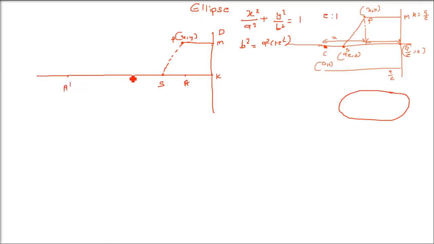So this was A dash. Then we took the center of A dash and A, that is this C, and let us take it as (0, 0), so C will be the origin. Then we found the value of S, which is (ae, 0). We found the value of K also, (a by e, 0).